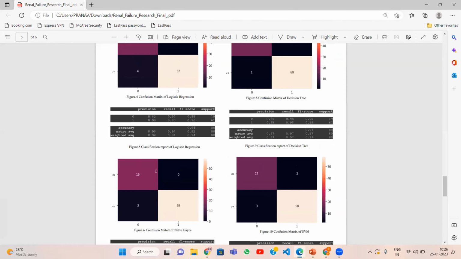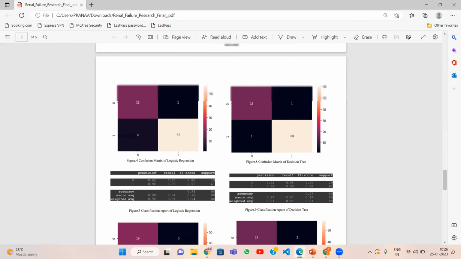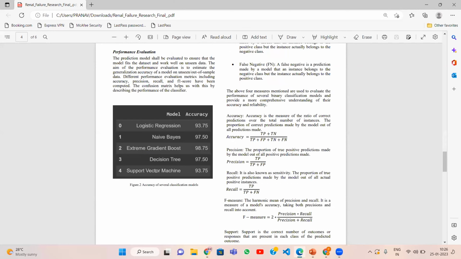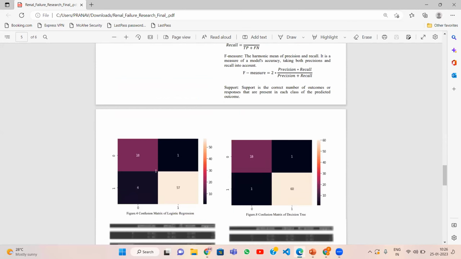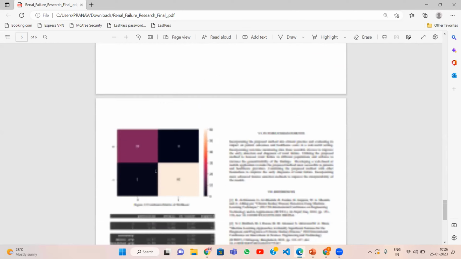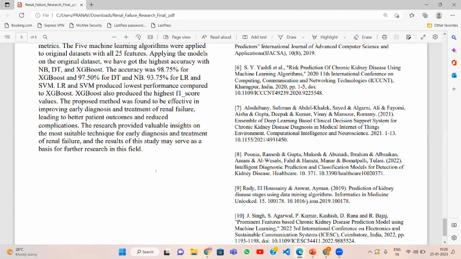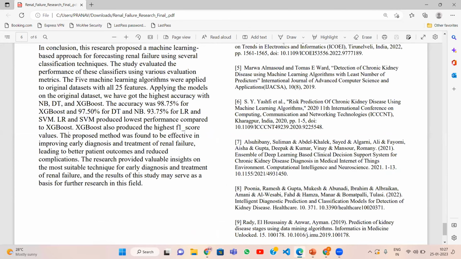The paper not only tells about the prediction, it also tells each algorithm's accuracy and performance, and it recommends which algorithm to use for the particular data set we are going to predict. We have mentioned once again that XGBoost produced the highest F1 score.